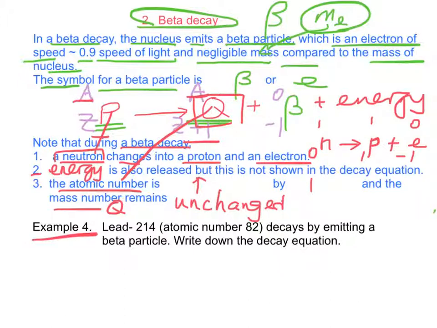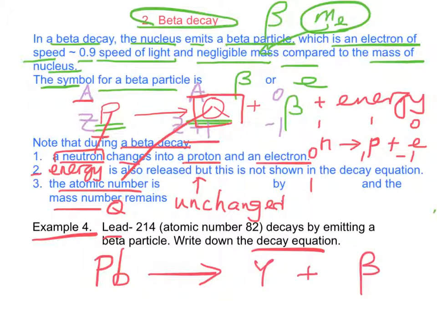Example 4. The decay equation is: lead-214 decays to form a daughter nucleus Y with the emission of a beta particle. Mass number of lead is 214.